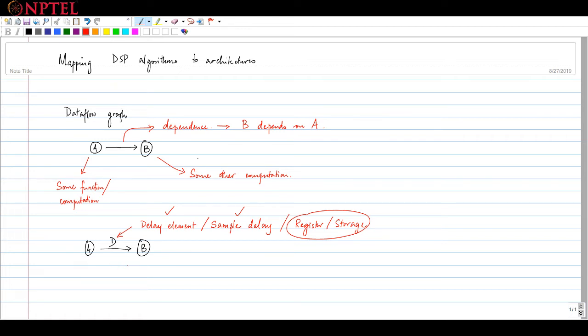It basically means that, over here, what it says is B depends on A as before, but the previous iteration of A.